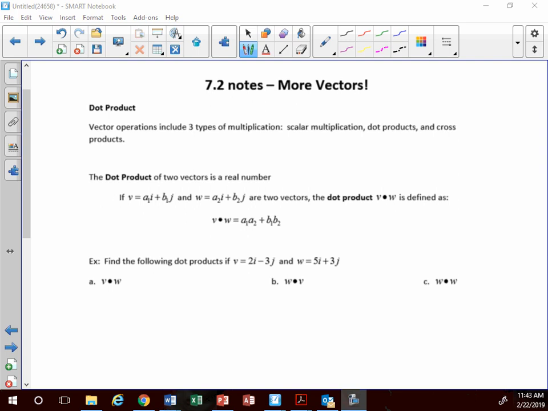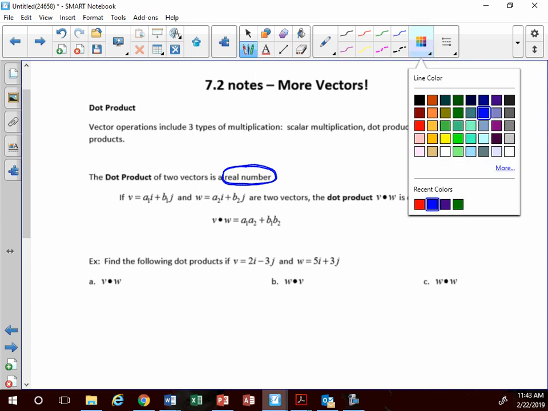Biggest thing you need to remember when you're finding a dot product is that your answer is a real number, okay? It's not something with i's and j's or coordinates or ordered pairs or anything. It's just a number. It's a value that you get after you are essentially multiplying two vectors together.